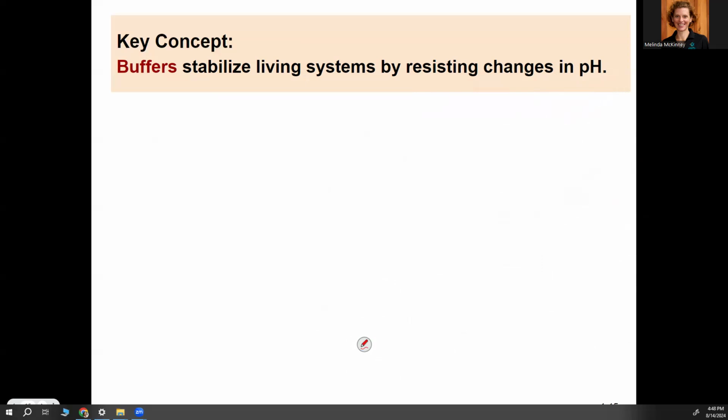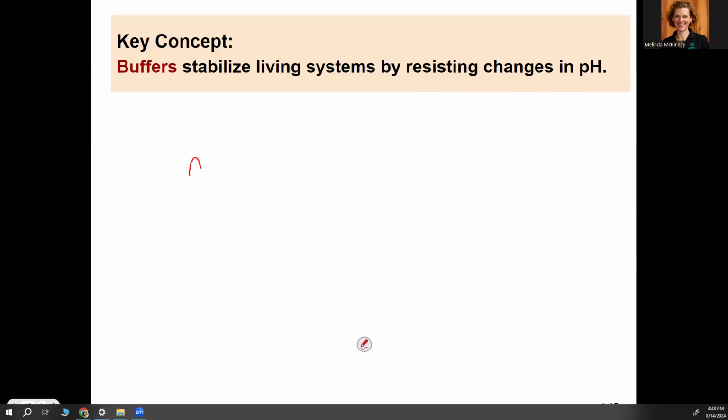And so say you have, I'm just making a graph here. I'm just going to say that buffers stabilize living systems.